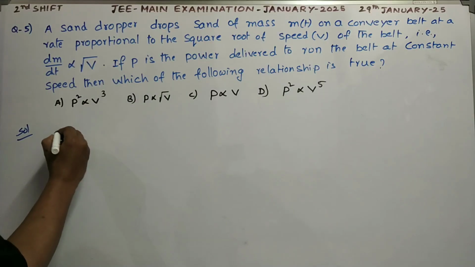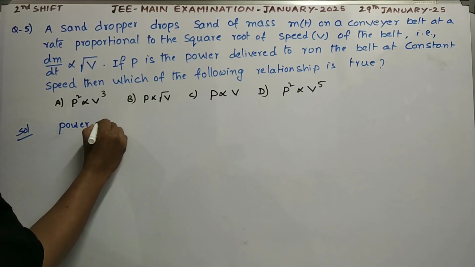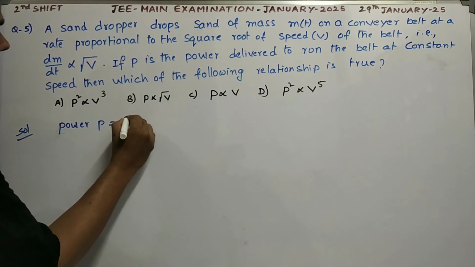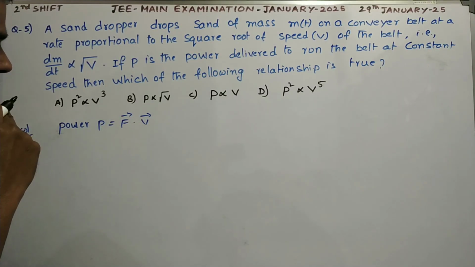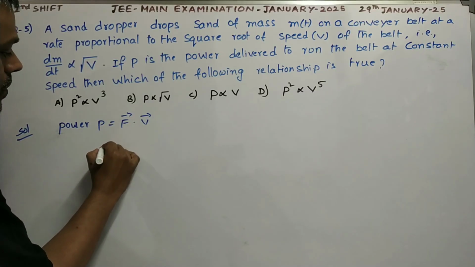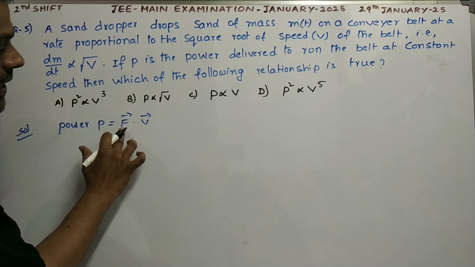Okay, according to the known formula, power P is equal to the dot product of force and velocity. To establish the relation between P and V, you should eliminate m.